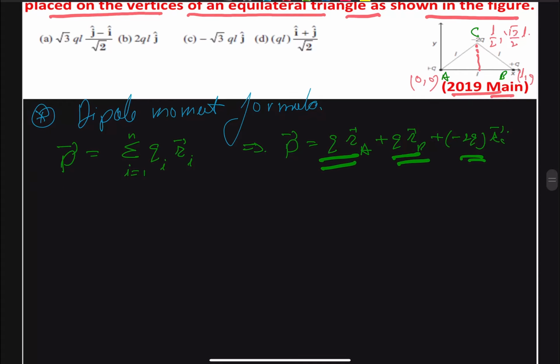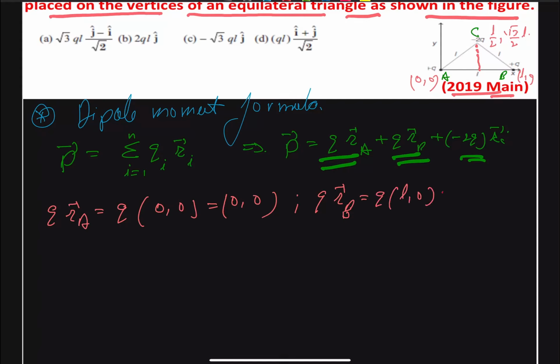First, Q times RA: position of A is 0, 0, so this comes as 0, 0. Second is Q times RB, which comes as Q times L, 0, which we can write as QL, 0.